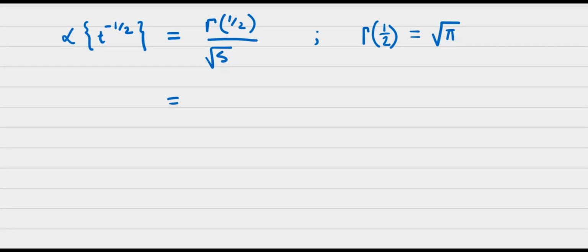And so therefore, if I want to write the result, it's simply square root of pi over s. So that's an interesting case.